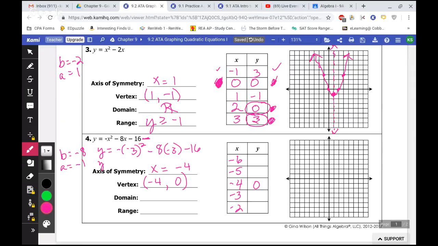Since the a is a negative 1, write it down so you remember to multiply. Negative 3 squared is 9, times negative 1 is negative 9. Negative 8 times negative 3 is a positive 24, minus 16. Negative 9 plus 24 is 15, minus 16. So y equals negative 1.